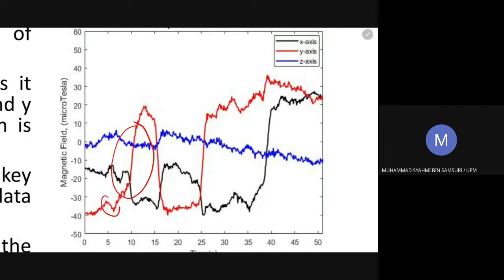So for example, at this point, it also has fluctuating data, but there is no turnaround position because the fluctuation is not more than 9 microtesla, so it is lower than 9 microtesla. That's why I use a threshold of 9 microtesla. That's all. Oh, okay, thank you for your answer.